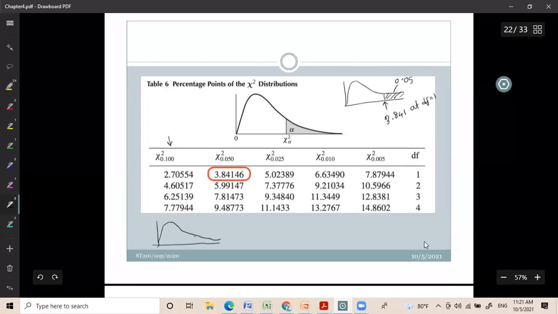If my right tail probability is 0.025 with degrees of freedom 3, what is this chi-square value? Degrees of freedom are in the very last column, so you have to read this row, row 3, at right tail probability 0.05. So what is that chi-square value? 9.3484.